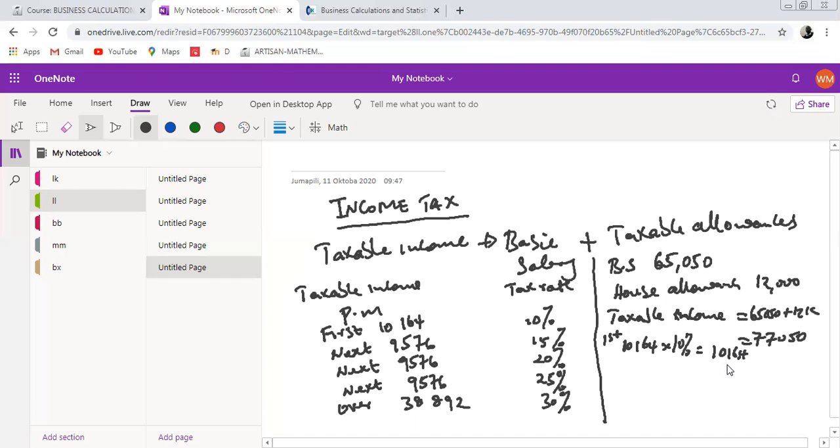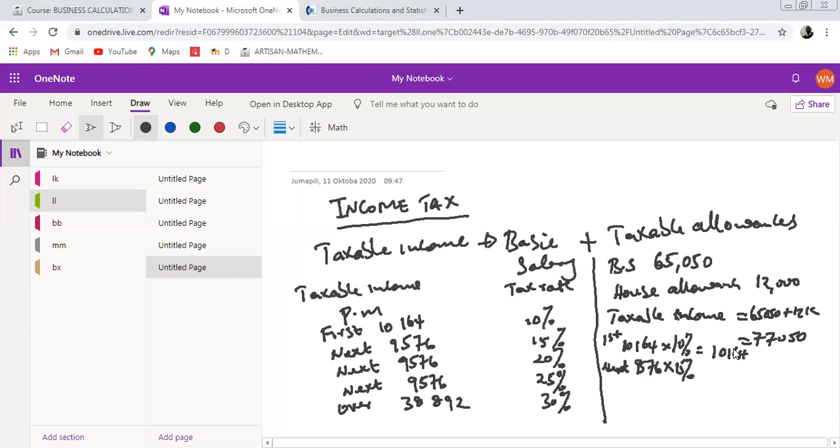That is what will be the tax. Then we have the next slab, 9,576, which is taxed at 15%.